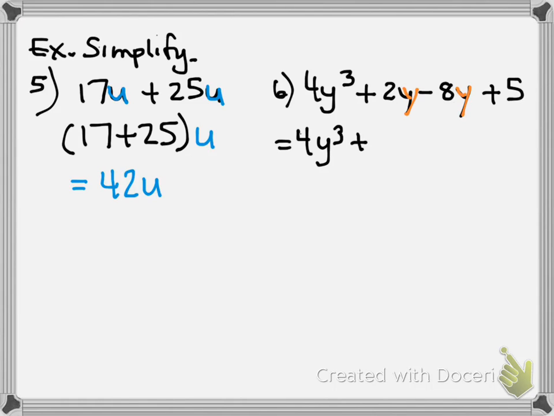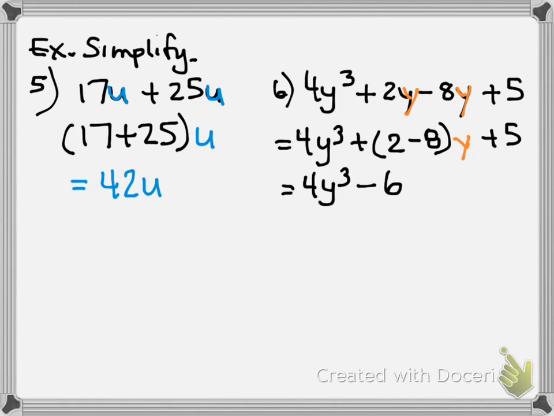But what I'm going to do is to factor out the y from the two middle terms, and then nothing happens with the plus 5. So the answer still has a 4y cubed. What's 2 take away 8? Negative 6. So I don't write plus negative 6. I just write minus 6y plus 5.